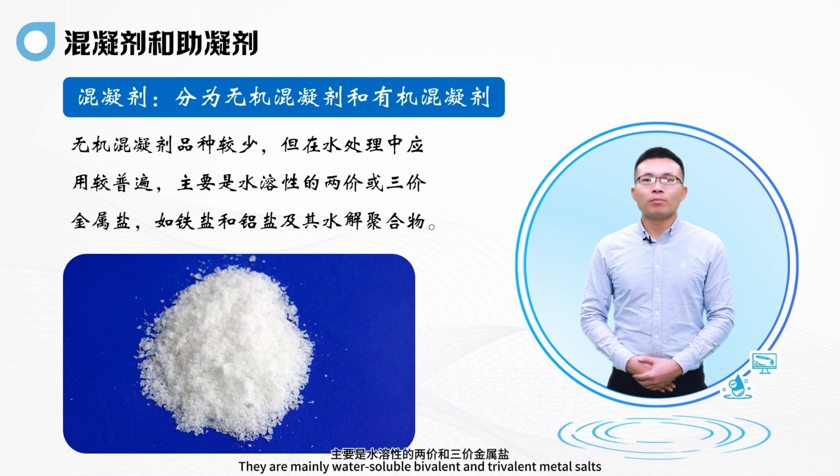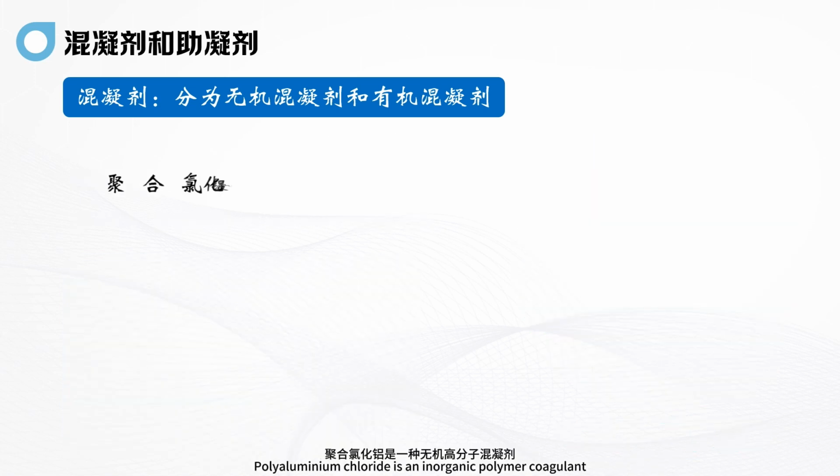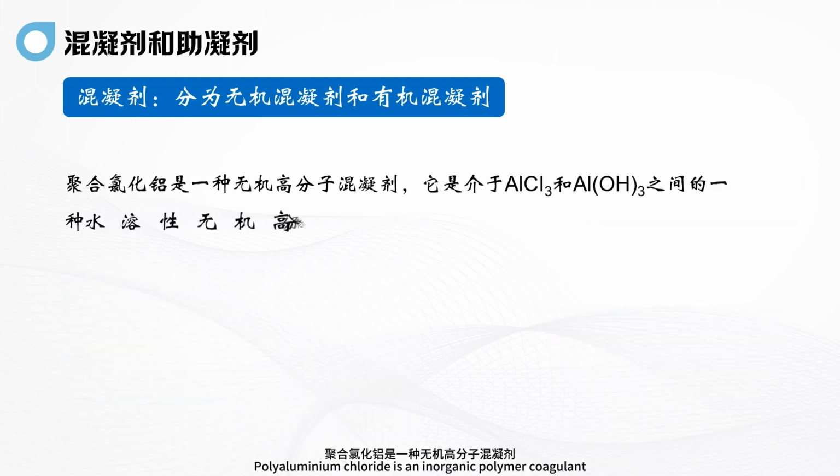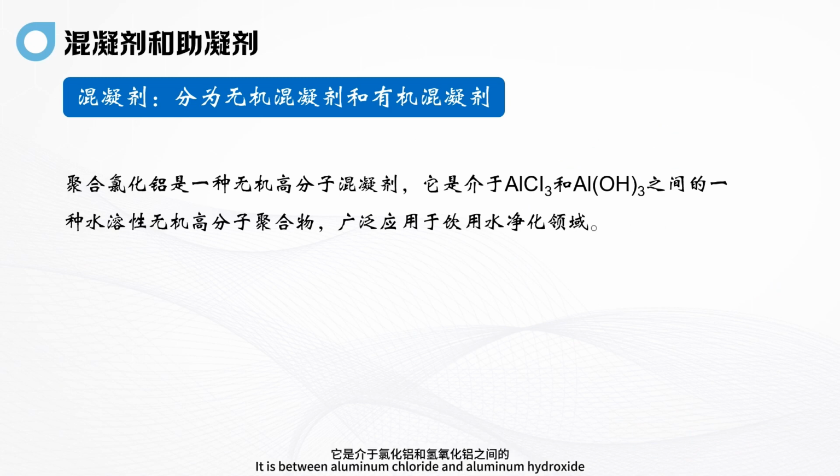They are mainly water-soluble bivalent and trivalent metal salts, such as iron salts, aluminum salts, and hydrolyzed polymers. The common inorganic coagulants are polyaluminium chloride and polyferric sulfate. Polyaluminium chloride is an inorganic polymer coagulant. It is between aluminum chloride and aluminum hydroxide, a water-soluble inorganic high molecular polymer, widely used in the field of drinking water purification.